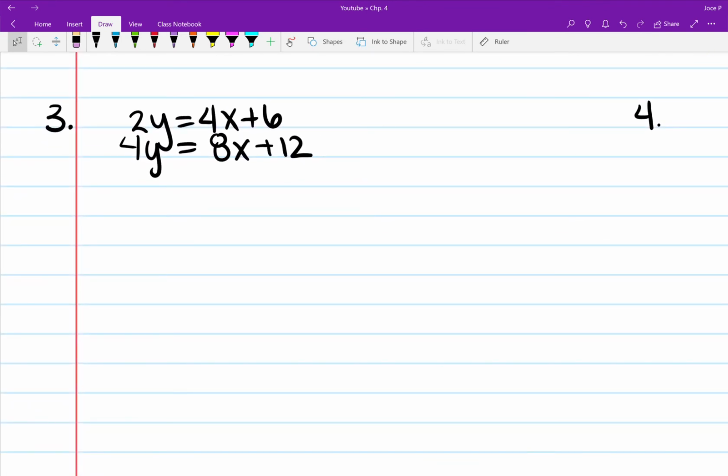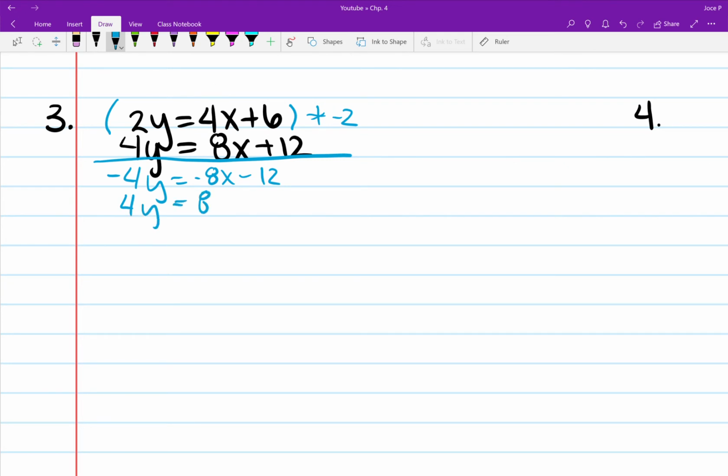Over here, we're going to have to multiply this whole thing by times negative 2 to get negative 4y equals negative 8x minus 12. Here, you're going to still have 4y equals 8x plus 12. If you guys remember from the last video that this was the one that has all real numbers as solution.